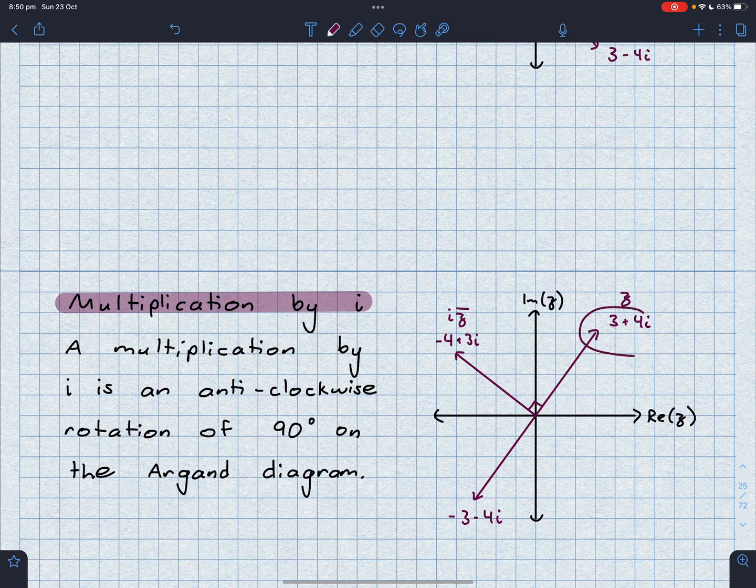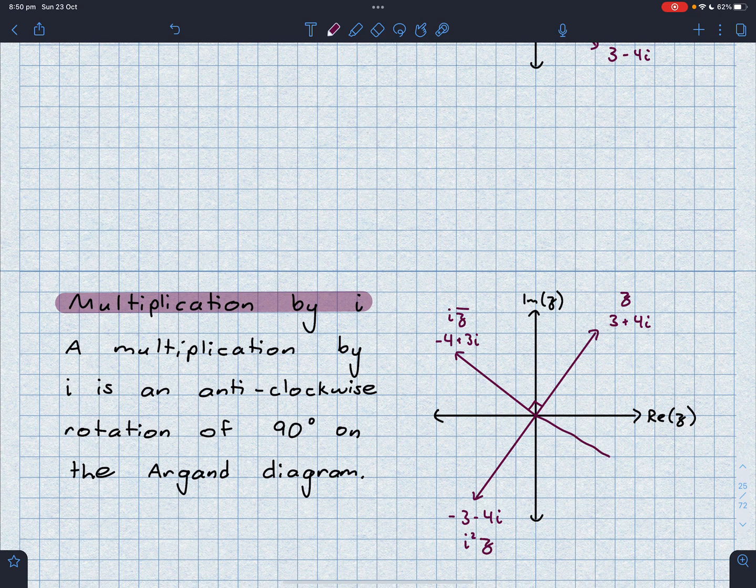Or what I would get when I multiply 3 plus 4i by i squared, or negative 1. So this is i squared z, another right angle, or a 180 degree rotation, because a multiplication by negative 1 is a 180 degree rotation.